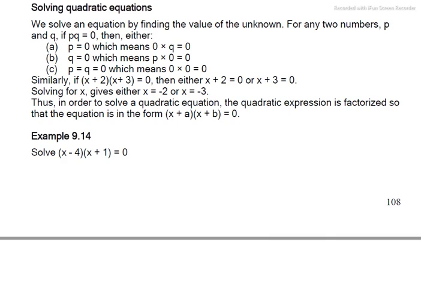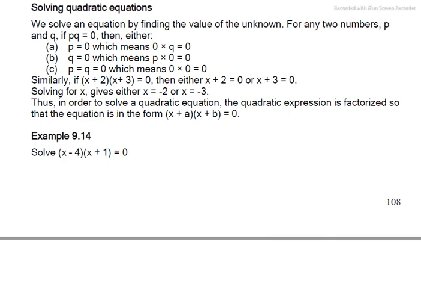For instance, if we have 2x plus 1 times x minus 3 equaling 0, then it means that 2x plus 1 equals 0 and x minus 3 equals 0. And therefore in that we shall solve for x.